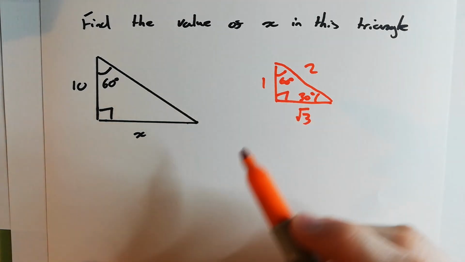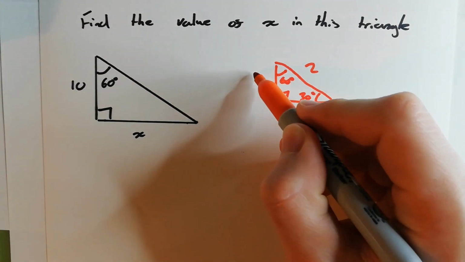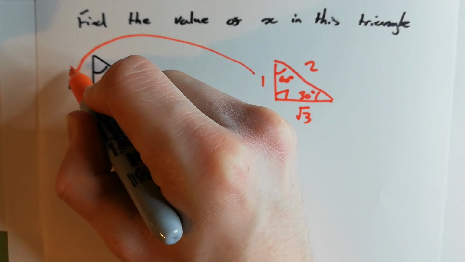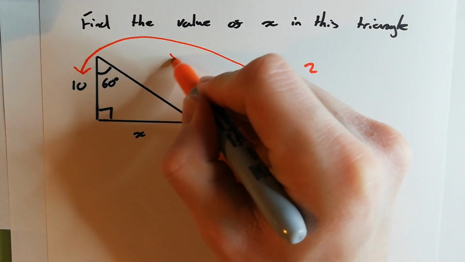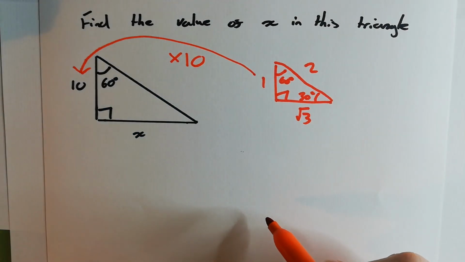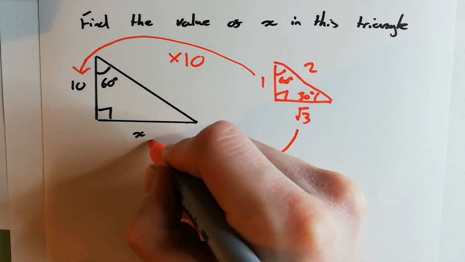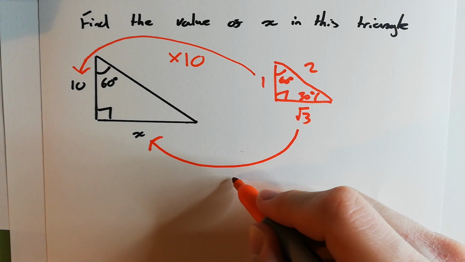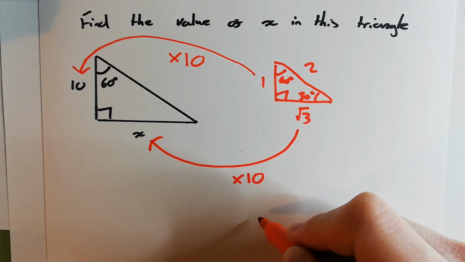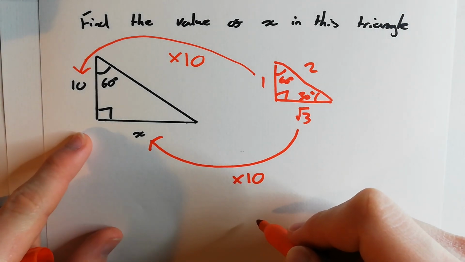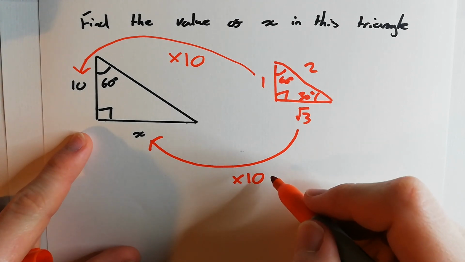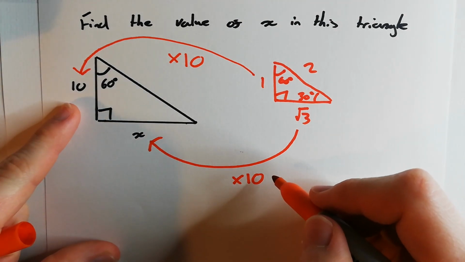So as we can see here, to get from this edge to this edge, we have times by 10, which also means that to get from this edge to this edge, we also just times by 10, as the length of this triangle is 10 times the size of this triangle, given by this 10 here, which is given in the question.